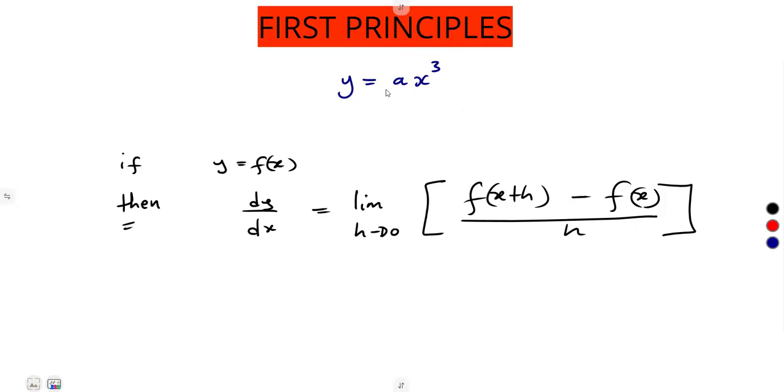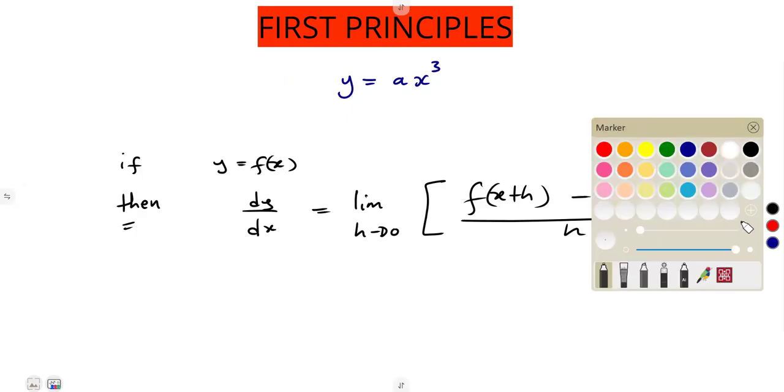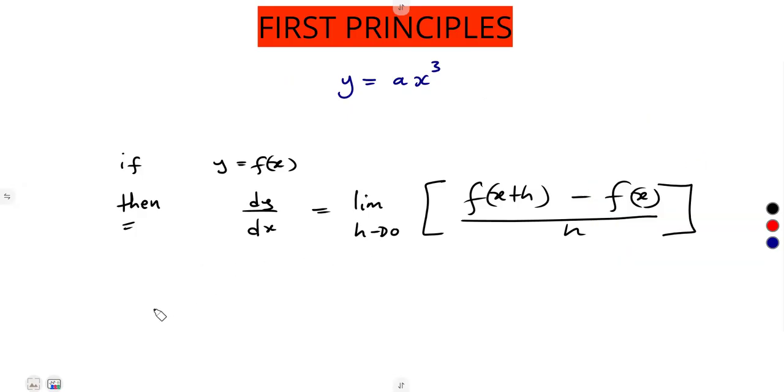The idea is still the same. From the first principles, remember your formula, all right? Let's just put an example here where we are going to differentiate, or find the first derivative with respect to x, from first principles.